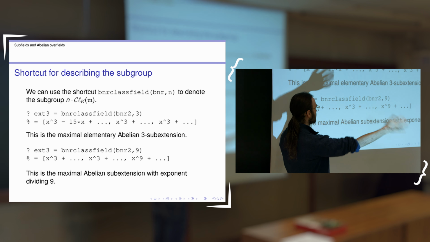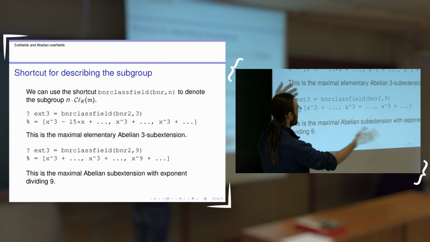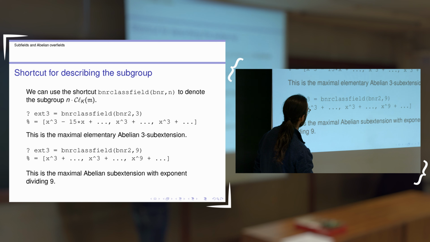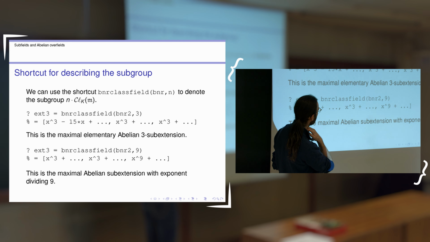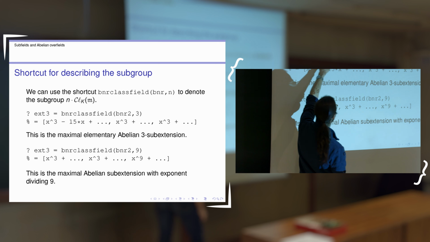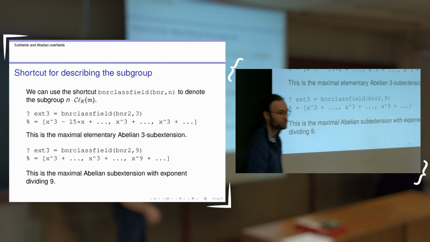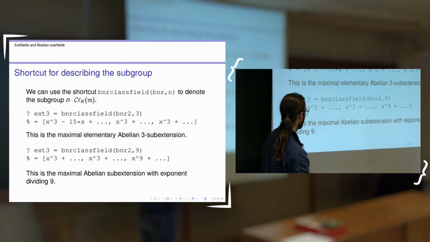You'll get a basis of all that, which by composite terms can give you every possible extension, so that's one common use case. So there's this shortcut: giving just an integer tells the function the subgroup should be this. That can be a useful shortcut.